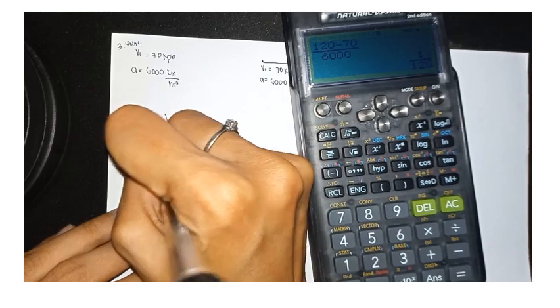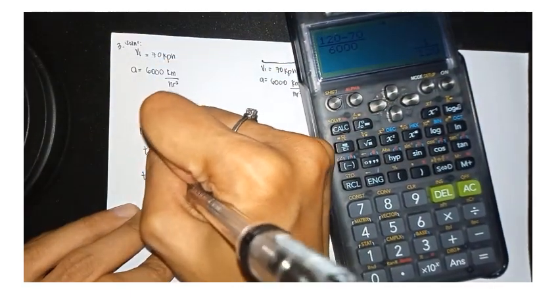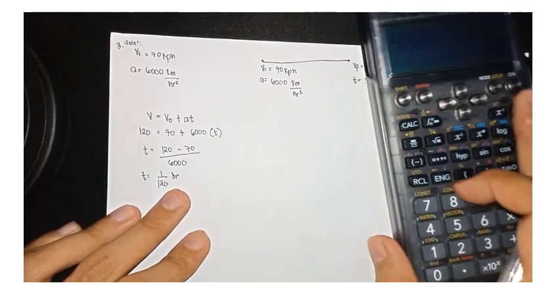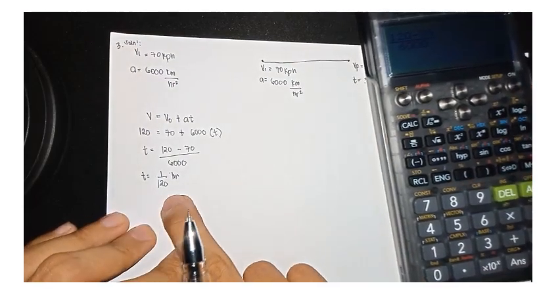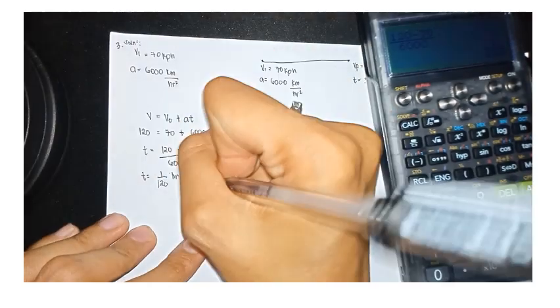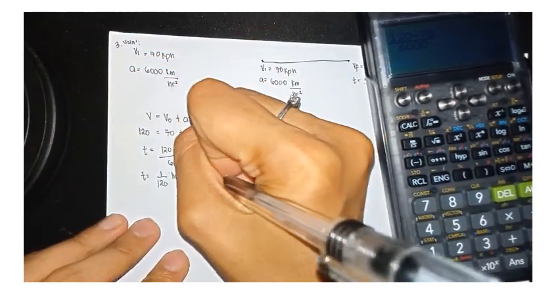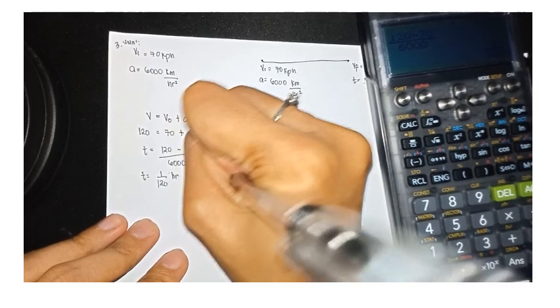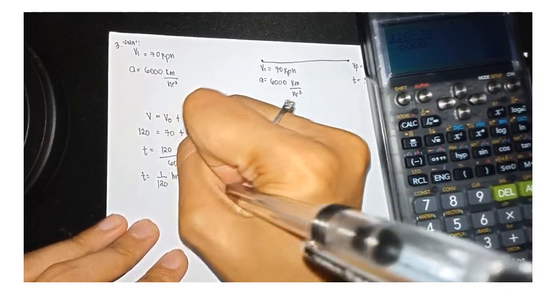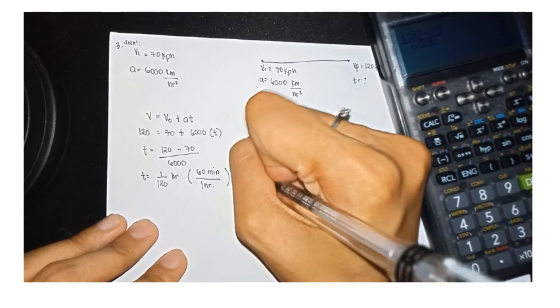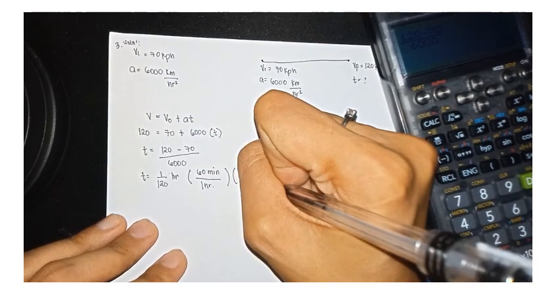So that is 1 over 120 hours. Since the unit of time should be seconds, we need to convert this. We multiply by 60 minutes in every 1 hour and 60 seconds in 1 minute.